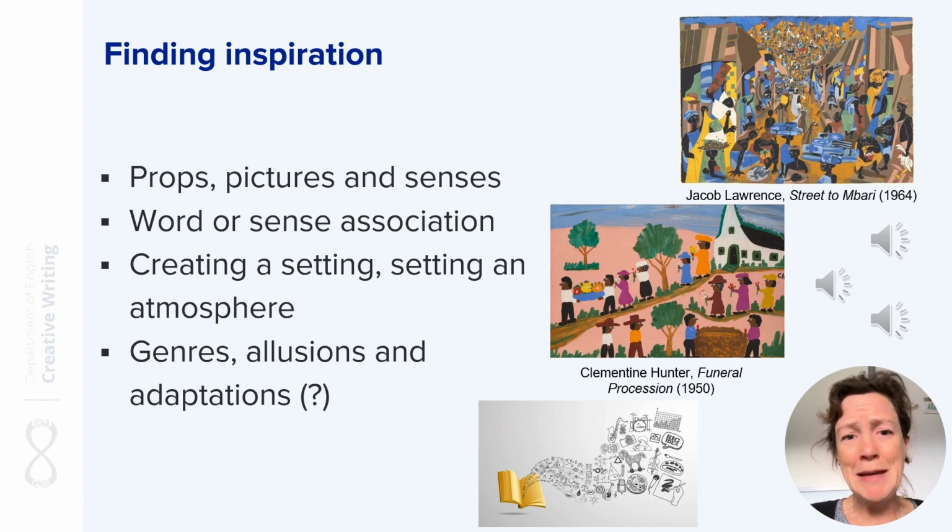And this is what I mean by allusions. Allusions are references to a certain work within another work. So you allude to another work of fiction within a work. And allusions to classic and well-known stories can be a very good starting point.